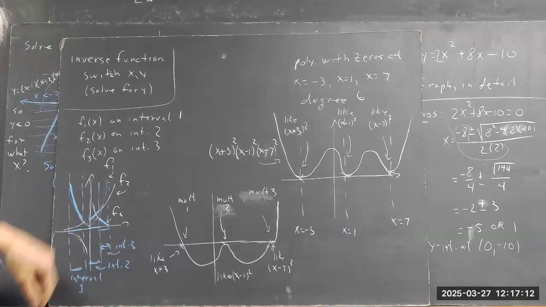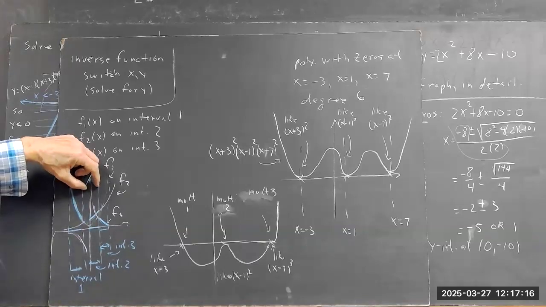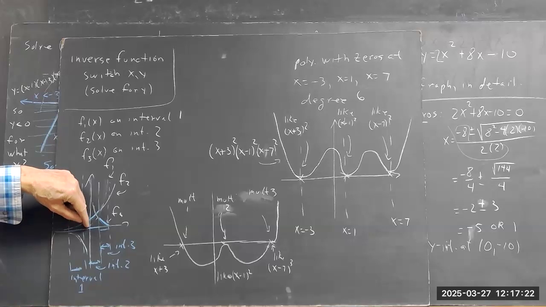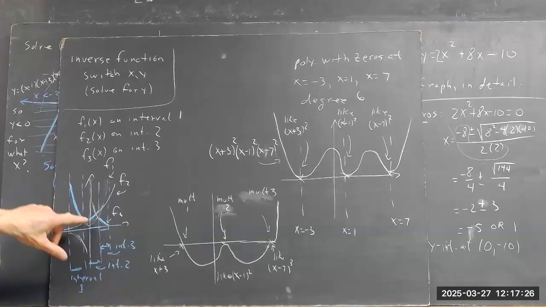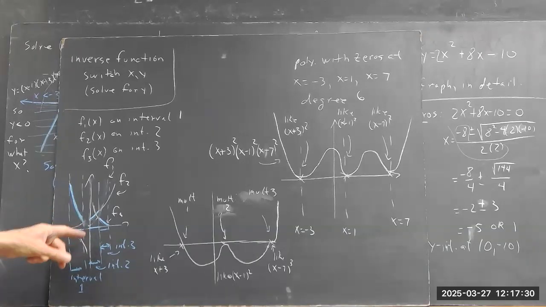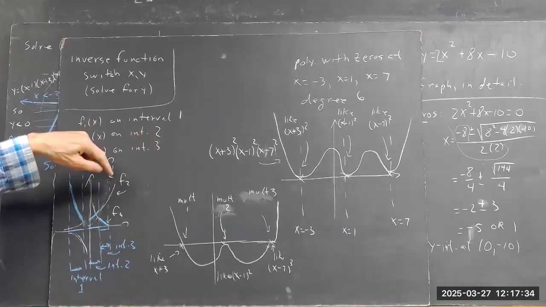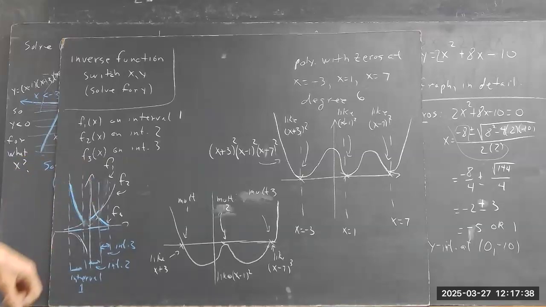Then on interval 2, well, let's say interval 2 goes from here to here. Goes between these 2 vertical lines, okay? Indicated here. Now, there's nothing between here and here. That's not one of the intervals of definition. So you don't sketch anything at all on that empty interval. But on this interval, you follow function 2. Well, if this is function 2, you follow that function for this segment.